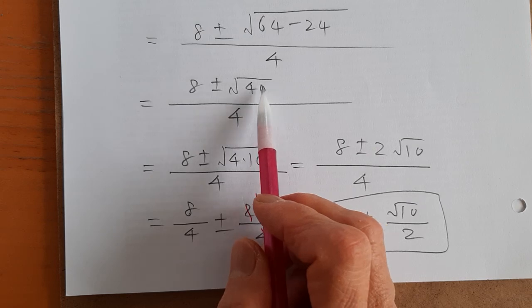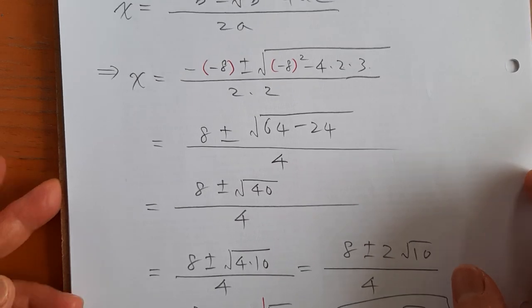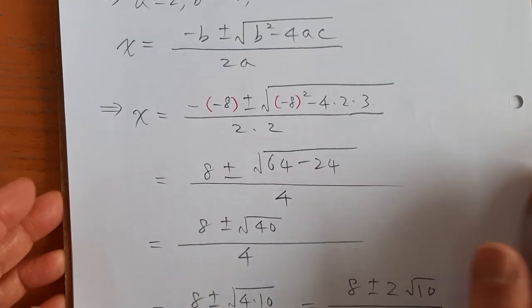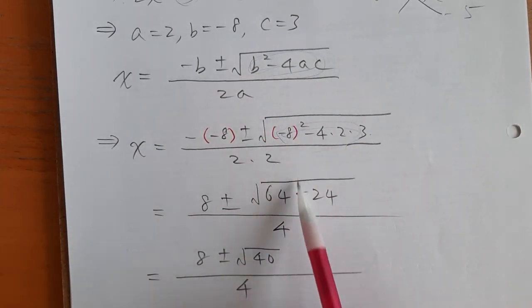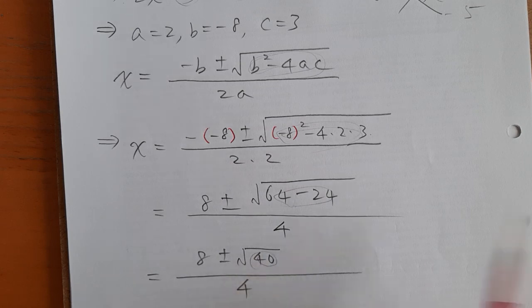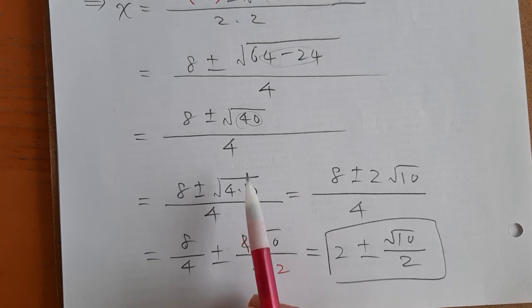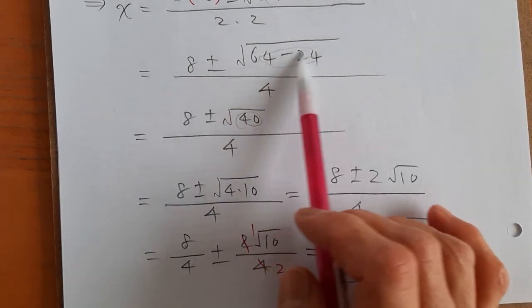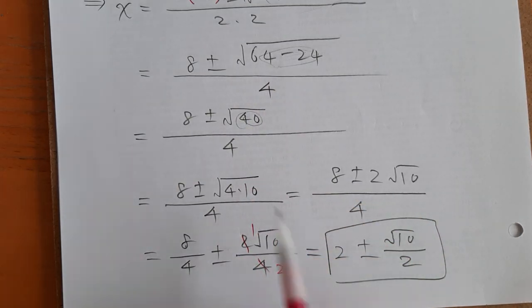This b squared minus 4ac, we call discriminant. This part. You figure out this and got a positive 40. And positive 40 is not a perfect square number. If the discriminant b squared minus 4ac is positive, there are two real numbers as a solution. Now, if this is a perfect square, then you can remove this radical, then the solution is a fraction.